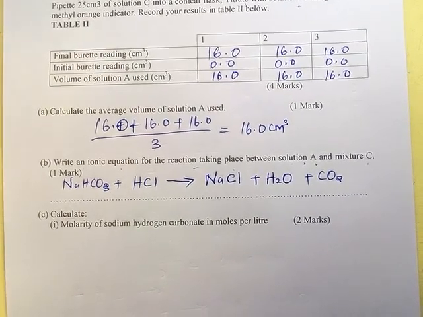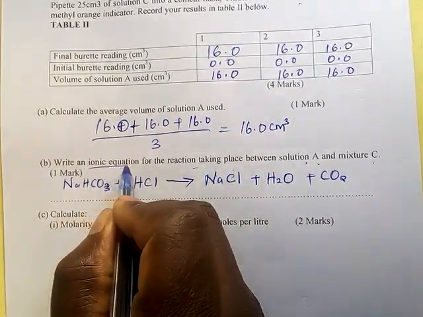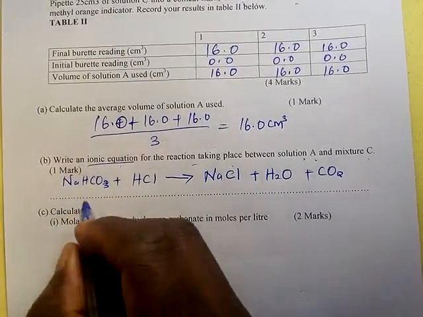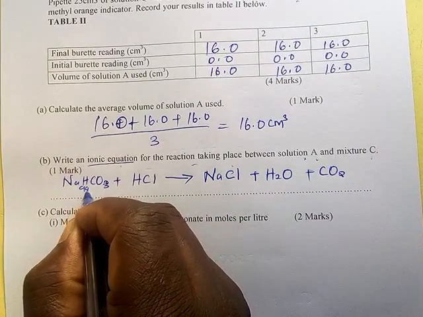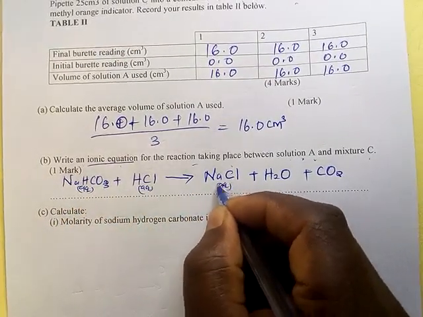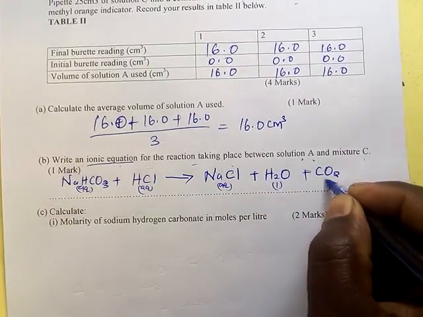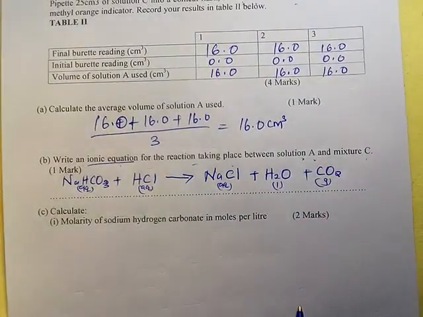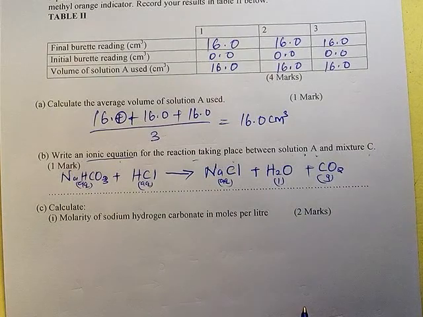The next thing, remember we were asked to write an ionic equation. Therefore, let us write the states. This one is aqueous, this one is aqueous, this one is liquid, and this one is a gas. I think you know how to write an ionic equation.